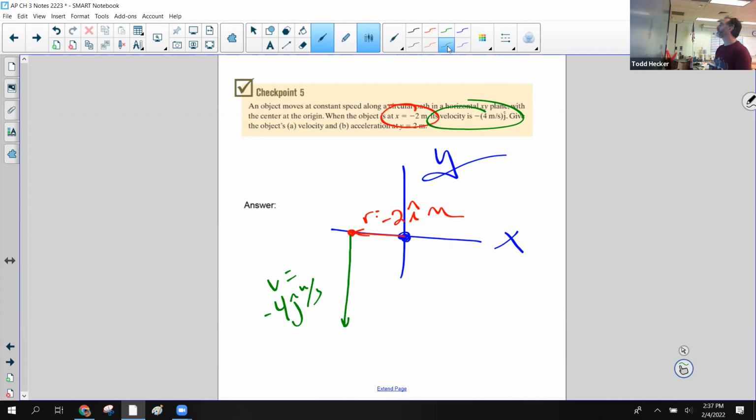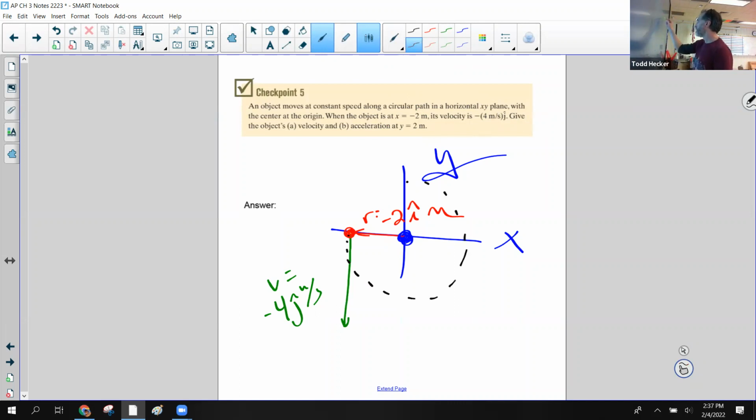And so now it wants us to give the velocity and the acceleration when we're at y equals 2. So the fact that the center is here, and it tells us that it passes through this red dot over here at -2. So that looks to me like my circular path has to go this way. What is that? Counterclockwise, right? That's the only way it would be moving down when it gets through that red dot there.